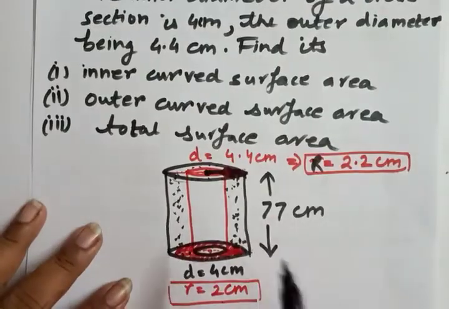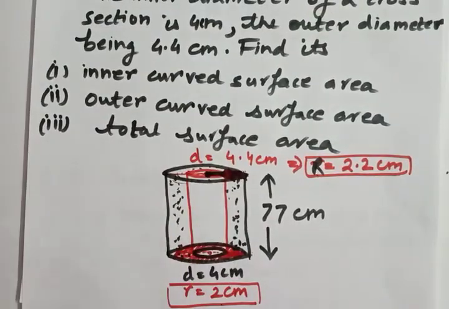No. This should be very clear in your mind, and it is going to help you in class 10th also. When we talk about the total surface, it means all the surfaces that we could see.